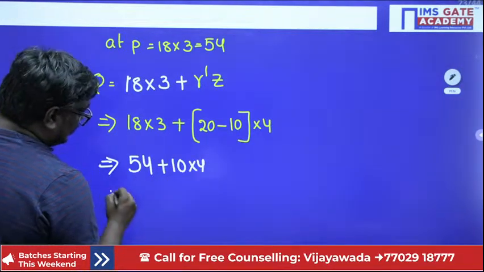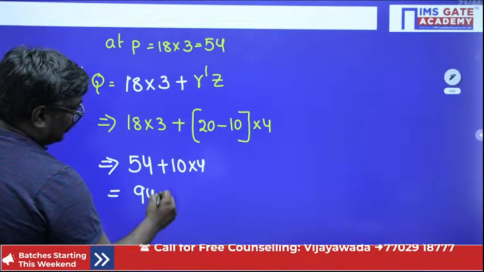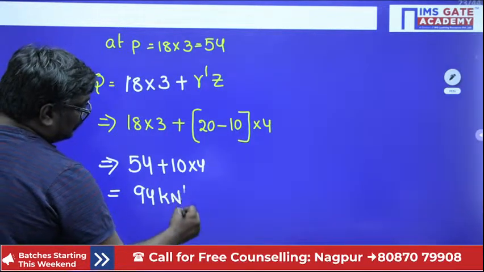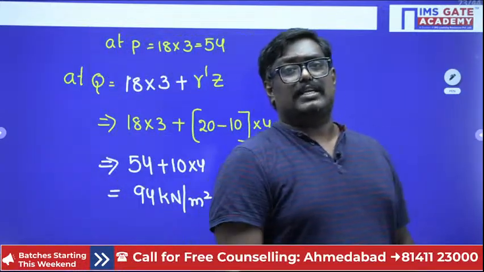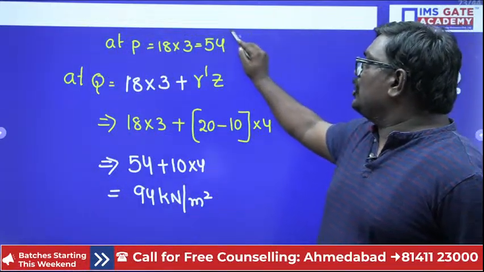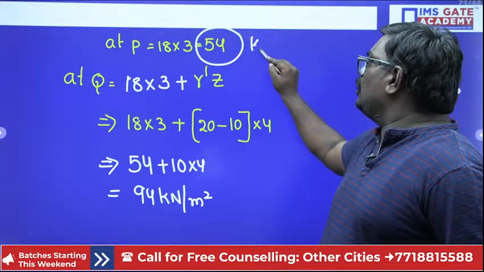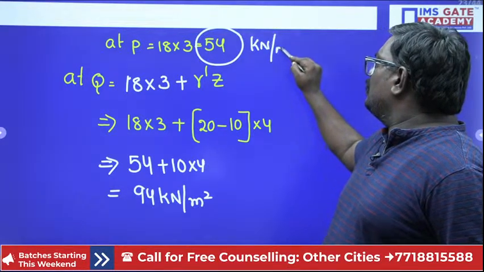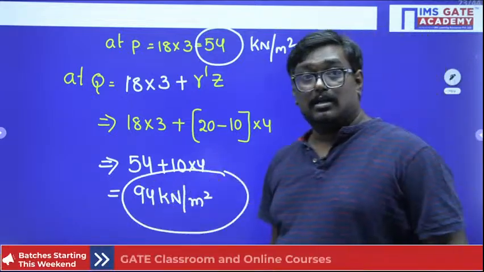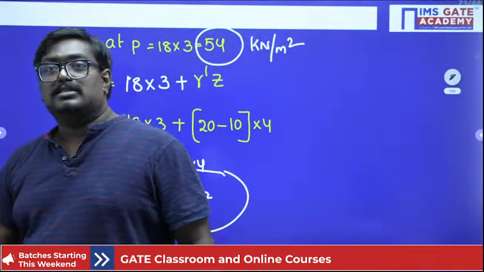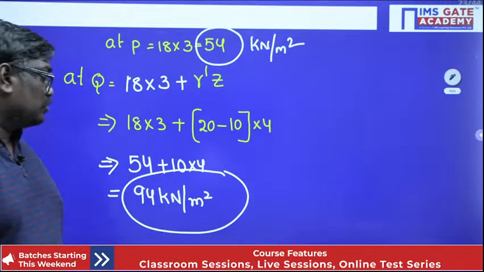You can write it as 94 kilonewton per meter square. Sir, so the stress values at P and Q are 54 kilonewton per meter square and 94 kilonewton per meter square. Remember, my dear students, very good Amma, very good Srujana.